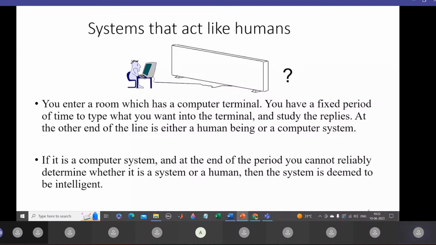If at the end of the period you cannot reliably determine whether it is a system or a human being, when the system answers like a human being, the system is deemed to be intelligent. Within a period of time, from how the answers are, you can judge whether the system is intelligent.